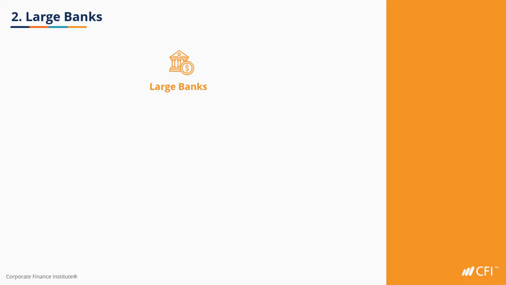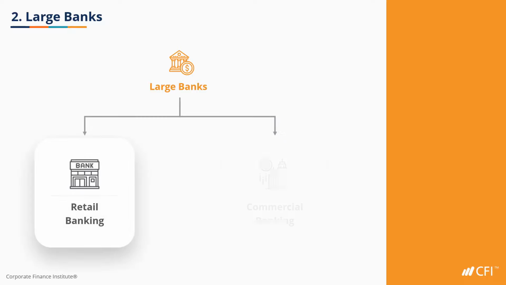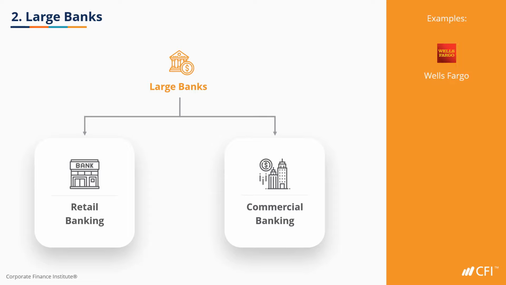Large banks focus on the retail banking and commercial banking services and tend to have an international reach, with their roots and main operations remaining in their home market. Examples of large banks include Wells Fargo and Bank of America in the US, Lloyds Bank in the UK, and Banco Santander in Europe. The largest of these banks tend to have over $1 trillion of assets on their balance sheet.